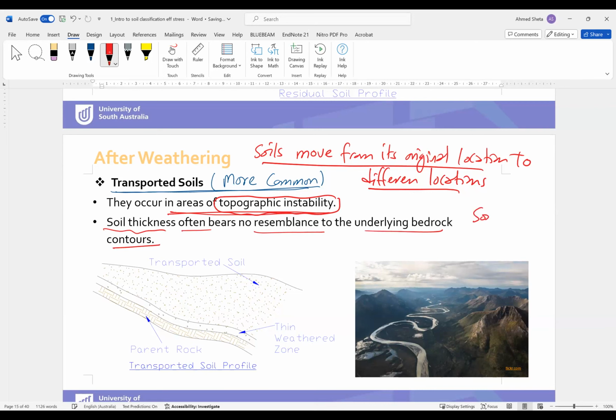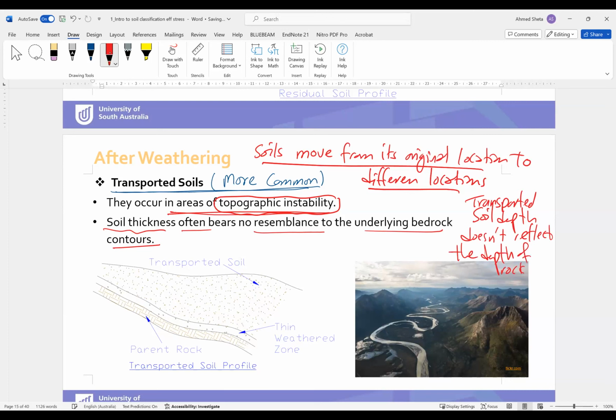So the transported soil depth doesn't reflect the depth of the rock underneath, because they are not from the same type. That's why there is no relation between them.